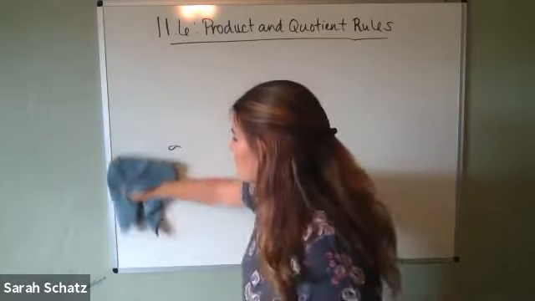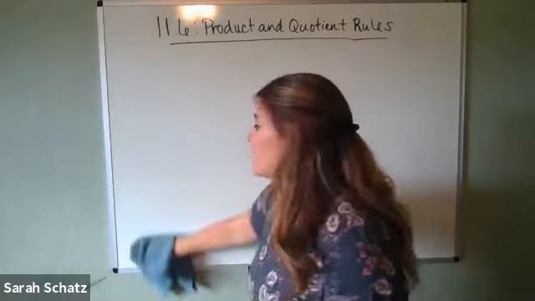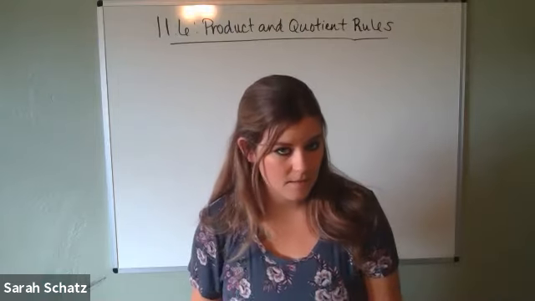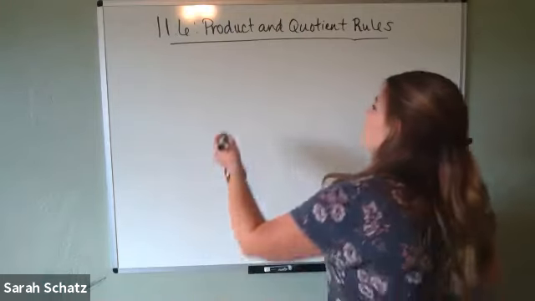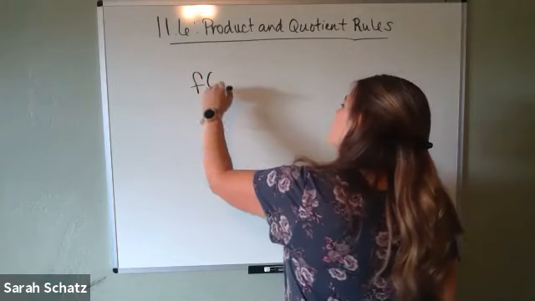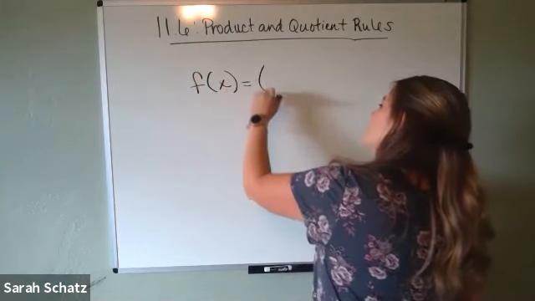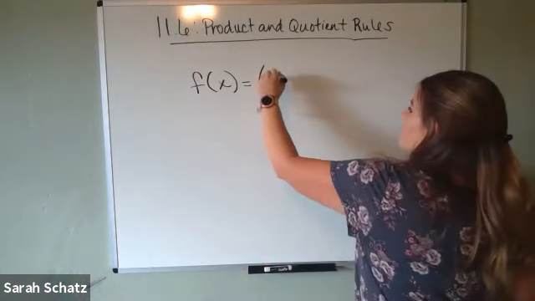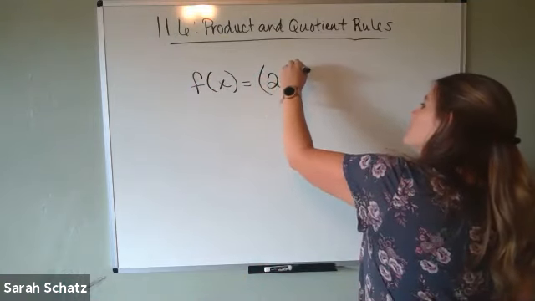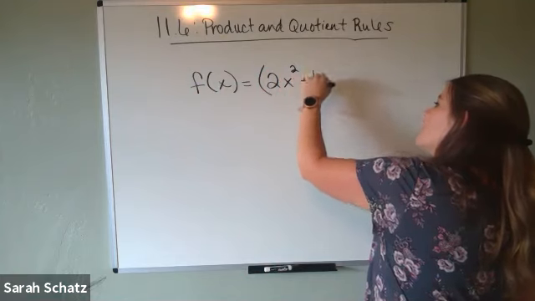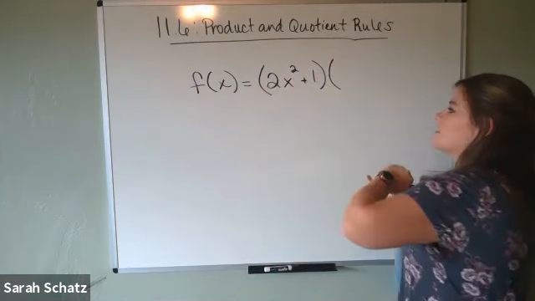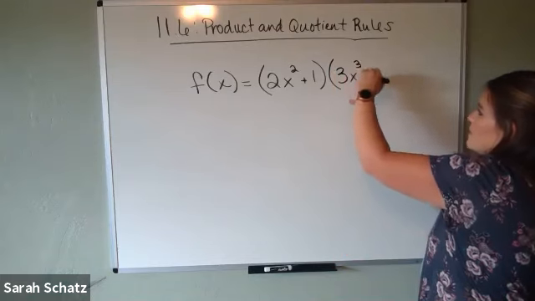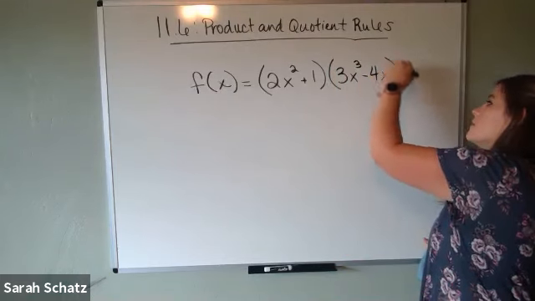Okay, so I can't amp this up very much, but I'm gonna amp it up as much as I can on this next one. So let's say I've got f of x equals, I don't know, let's do 2x squared plus 1, and that's multiplied by 3x cubed minus 4x.